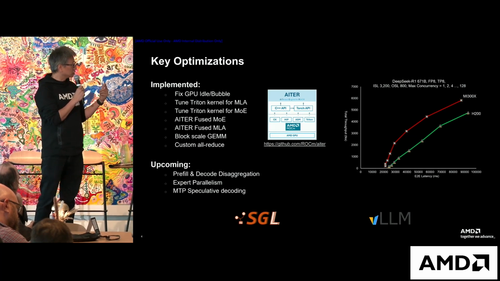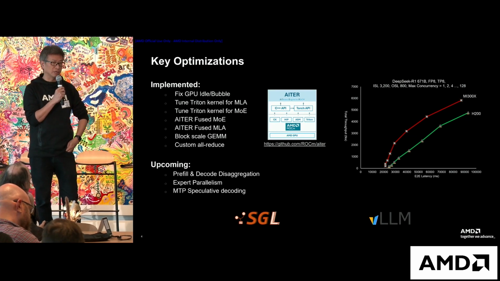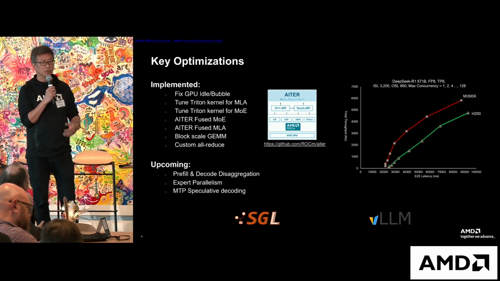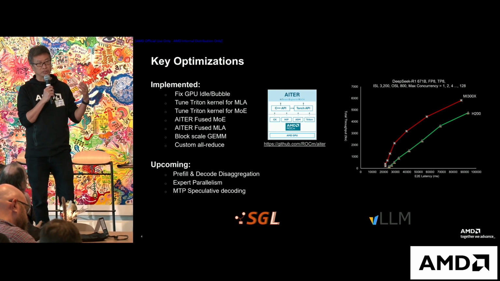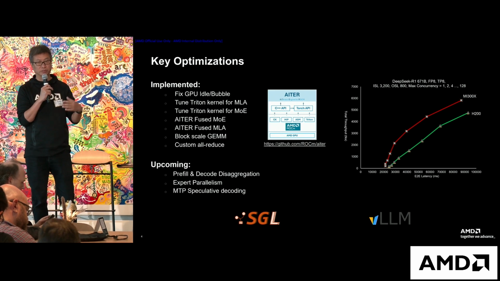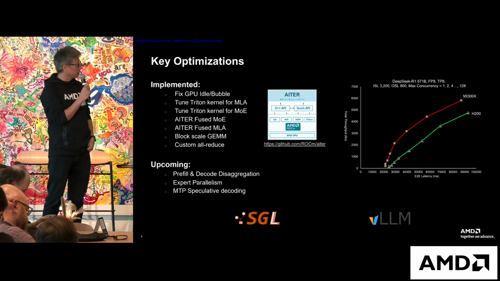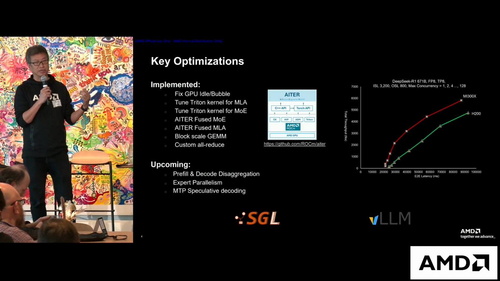We use AITER to implement fused MoE, fused MLA, as well as the custom all-reduce operator. AITER is a high performance AI operator library which offers both C++ and Python interfaces. Under the hood, it can invoke HIP kernels, Triton kernels, or even assembly kernels if you want extreme performance. Please check it out, give it a try, and give us your feedback.